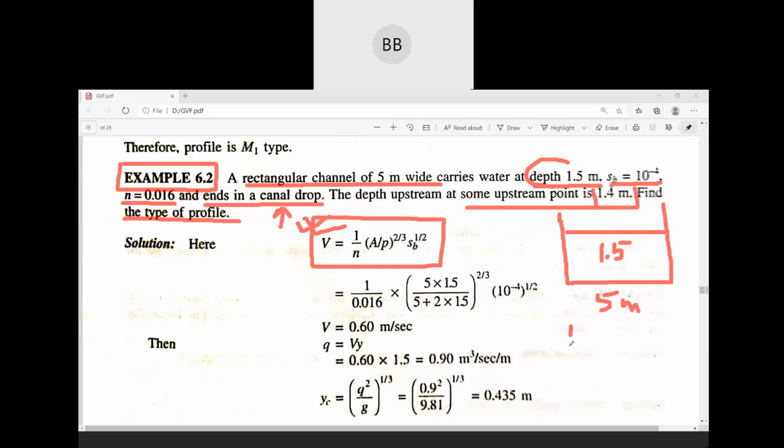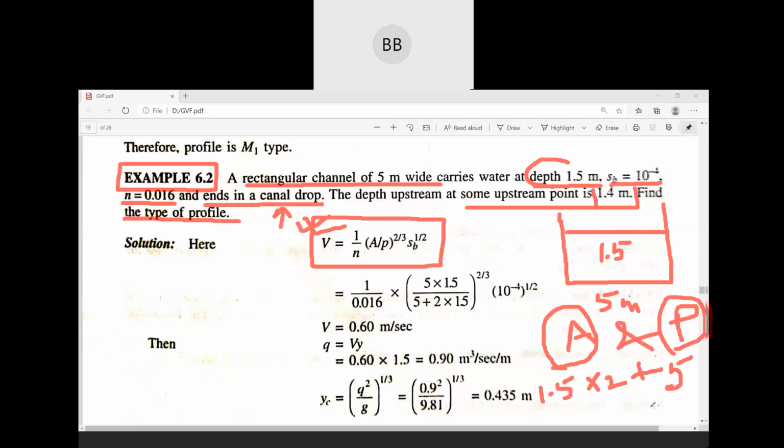So you can directly find out the area and wetted perimeter of this rectangular channel. Area will be B into y, so 5 into 1.5, and your wetted perimeter will be 1.5 multiplied by 2 plus 5.